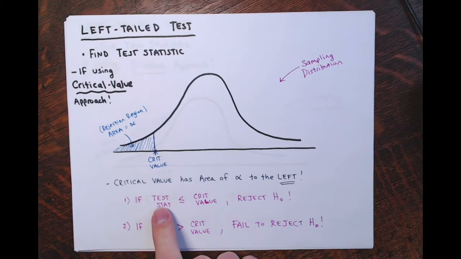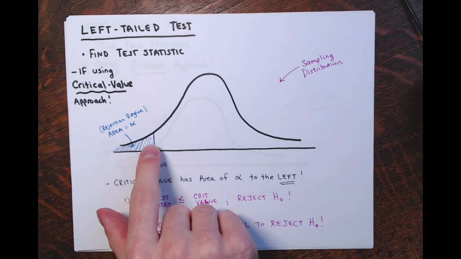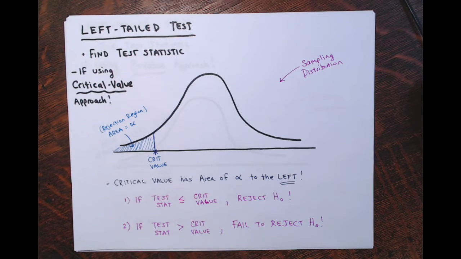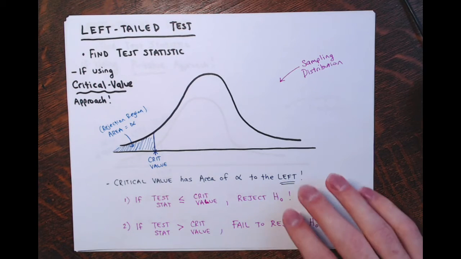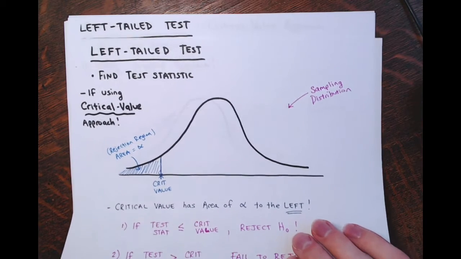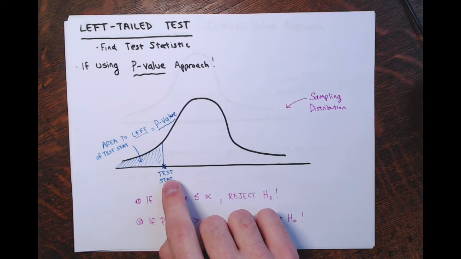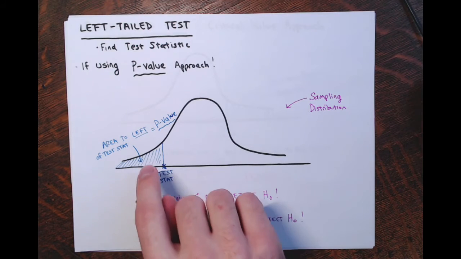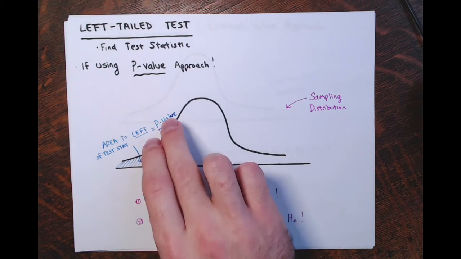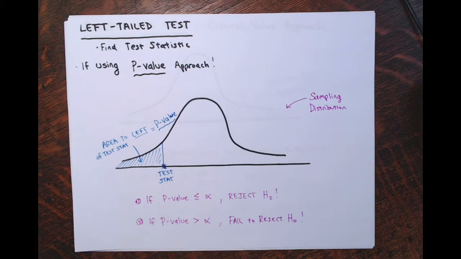If the test statistic is less than or equal to the critical value, that means you're in the rejection region, and you reject the null hypothesis. If the test statistic is greater than the critical value, you aren't in the rejection region, and you fail to reject the null hypothesis. If you're using the p-value approach, you take your test statistic, find the area to the left, that's called the p-value, and then compare the p-value to the significance level alpha.